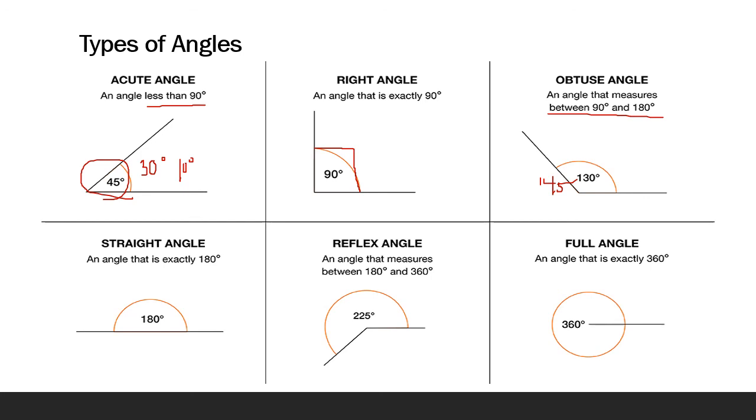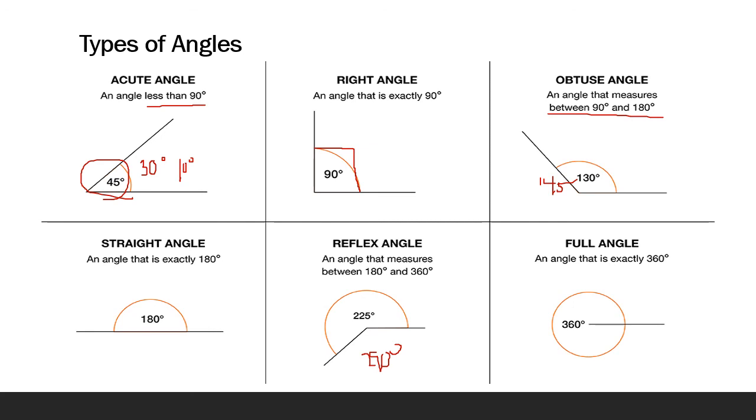A reflex angle is an angle in between 180 degrees and 360 degrees. It can be 290 degrees, for as long as it does not exceed 360 degrees.